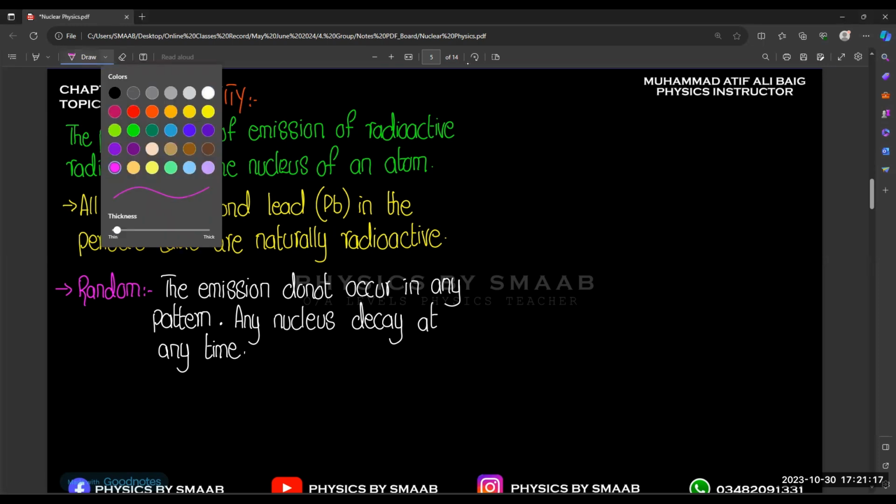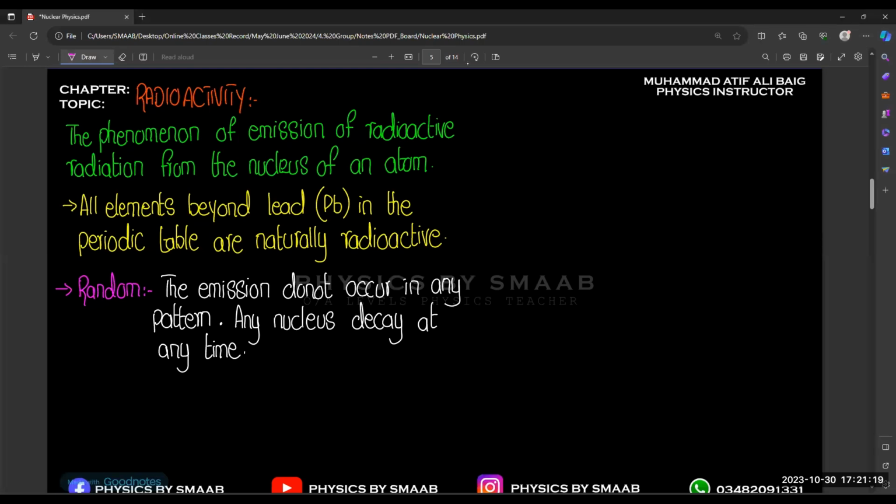And there is another specific term related to the radioactive process, and that term is known as spontaneous.